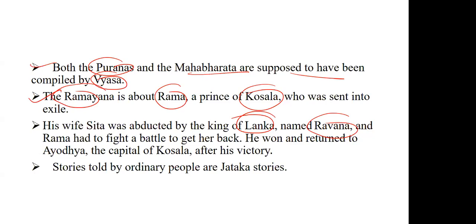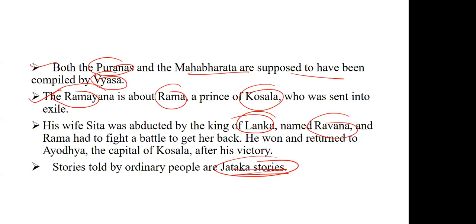For example, you might have heard from your grandfathers and great grandfathers that people used to visit from village to village, and whenever they visited, people used to surround them, and such Jataka stories used to be told by these people, and the villagers used to listen to them, right? So that is how the stories told by ordinary people are also called Jataka stories.